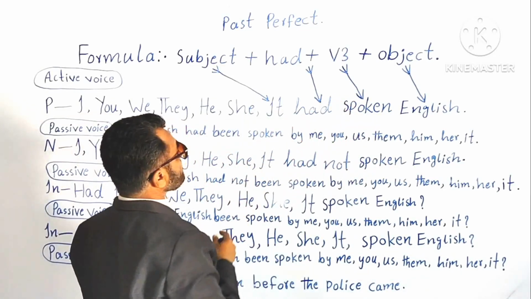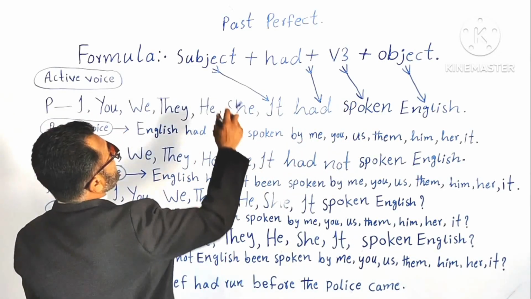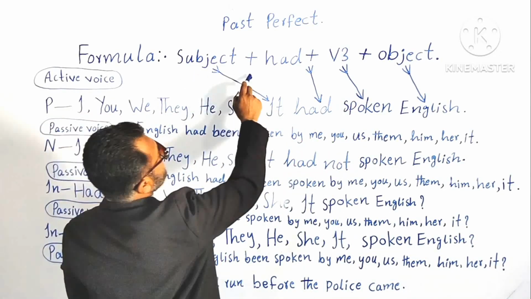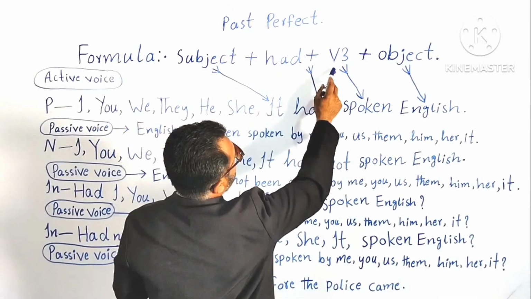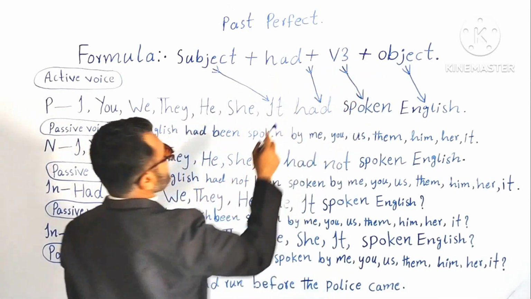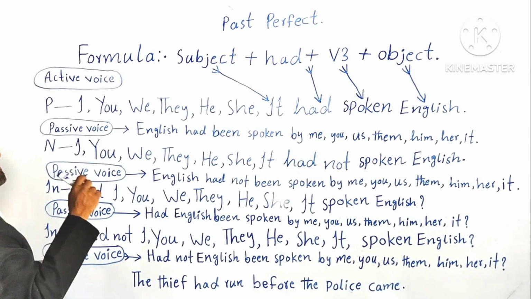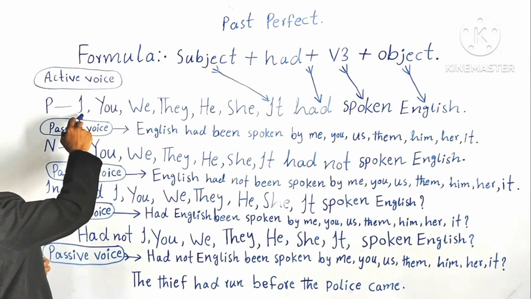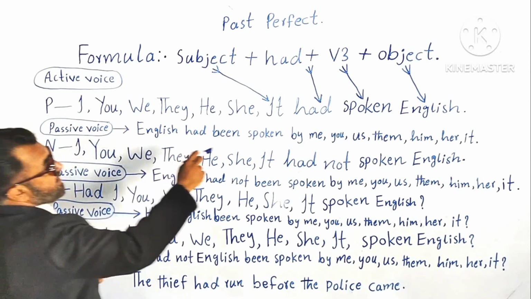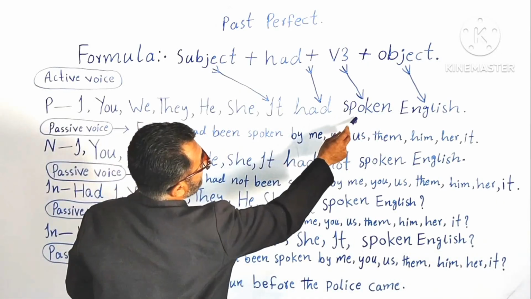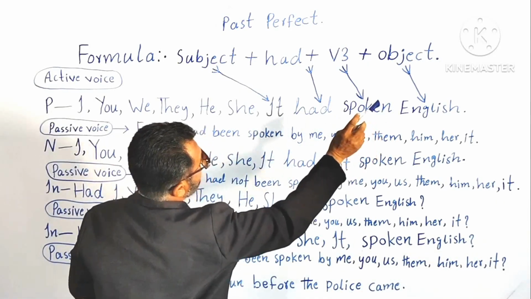Simply, subject plus helping verb plus third form of the verb plus object. Understood? Now this is the formula of what? Active voice. First subject, then helping verb, then main verb, then object.